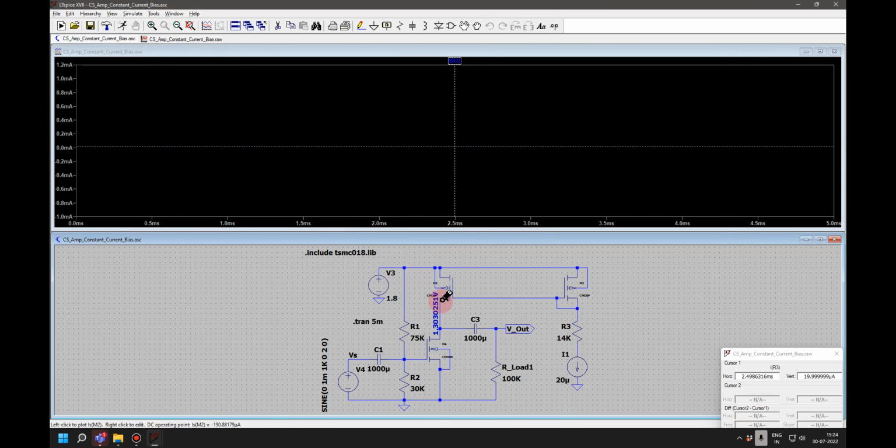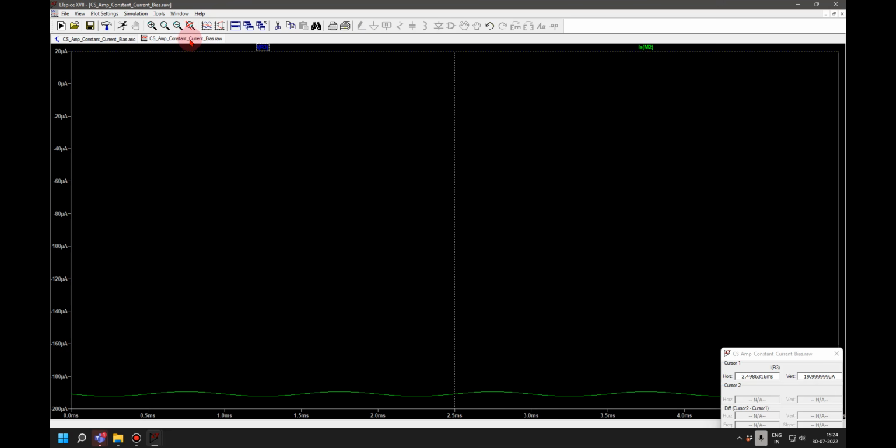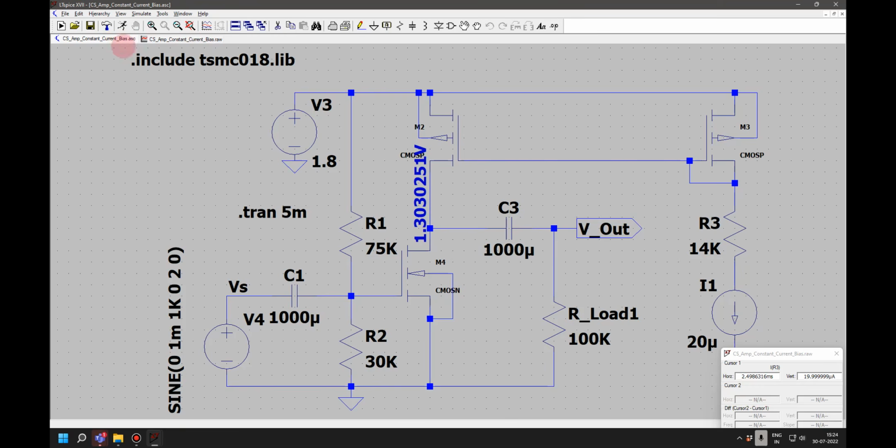Now if I try to plot the current which is flowing here, right now it is around 200 microampere.